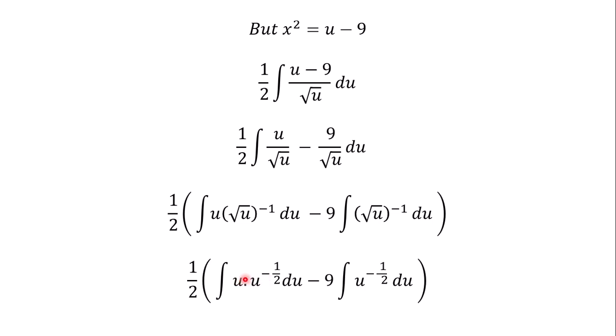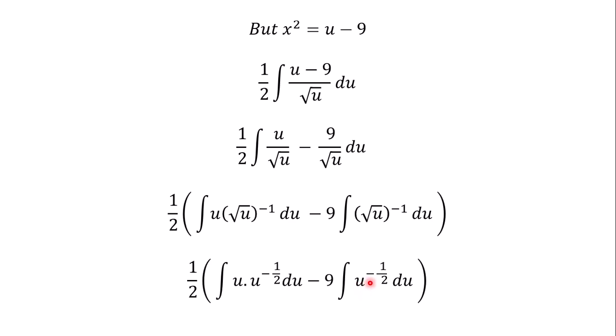So here we are just going to write one of the base, since the bases are the same, and then we add the two powers together. So we are going to get u raised to the power 1 minus half. Now when you come here, you only have 1 u here, and there's nothing else.